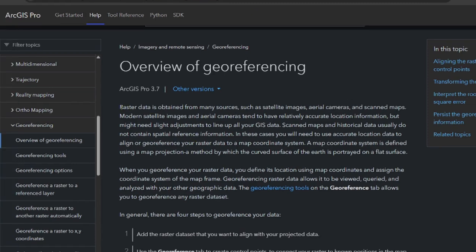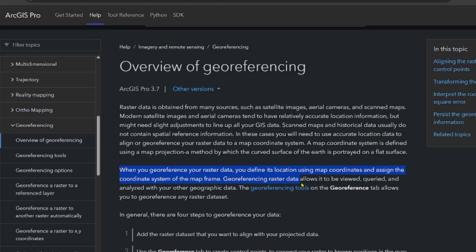Now, we know that raster data is obtained from many sources such as satellite images, aerial cameras, and scanned maps. So when you georeference your raster data, you define its location using map coordinates and assign the coordinate system of the map frame.